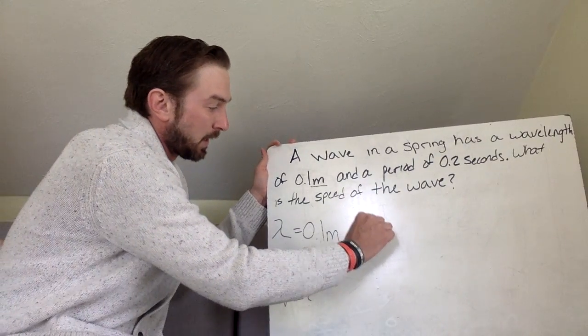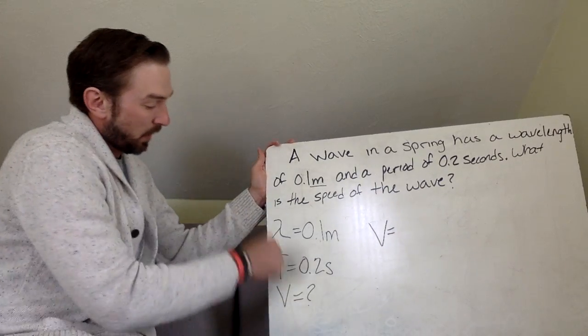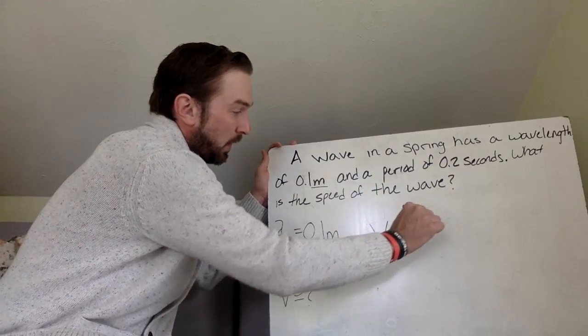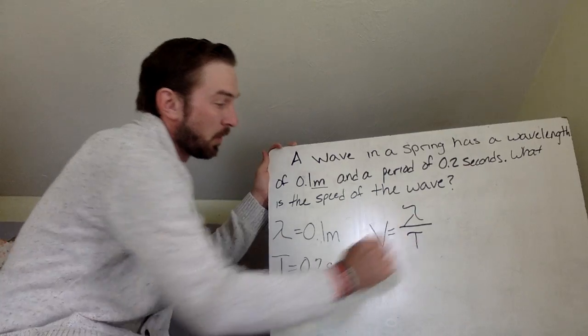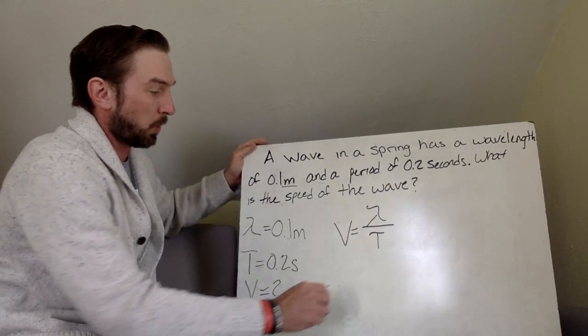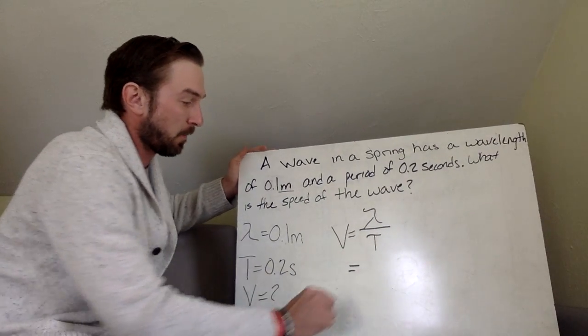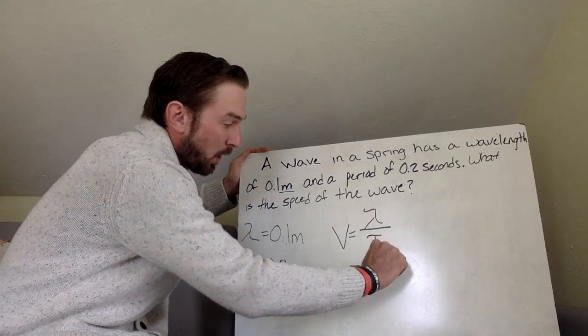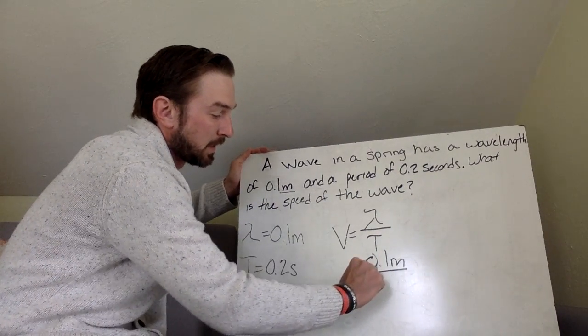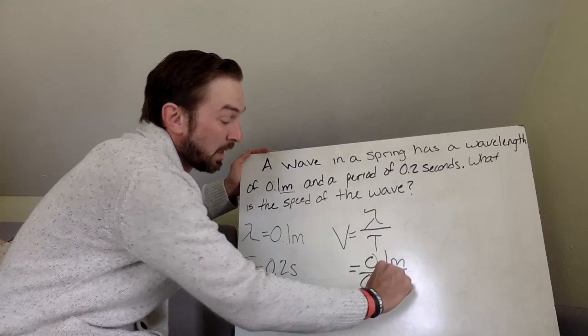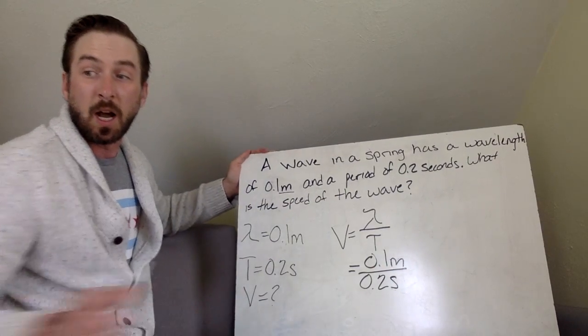So we know that the speed of a wave, given these variables, would be equal to the wavelength divided by the period. And so I'm going to plug my information into this equation: 0.1 meters divided by 0.2 seconds.